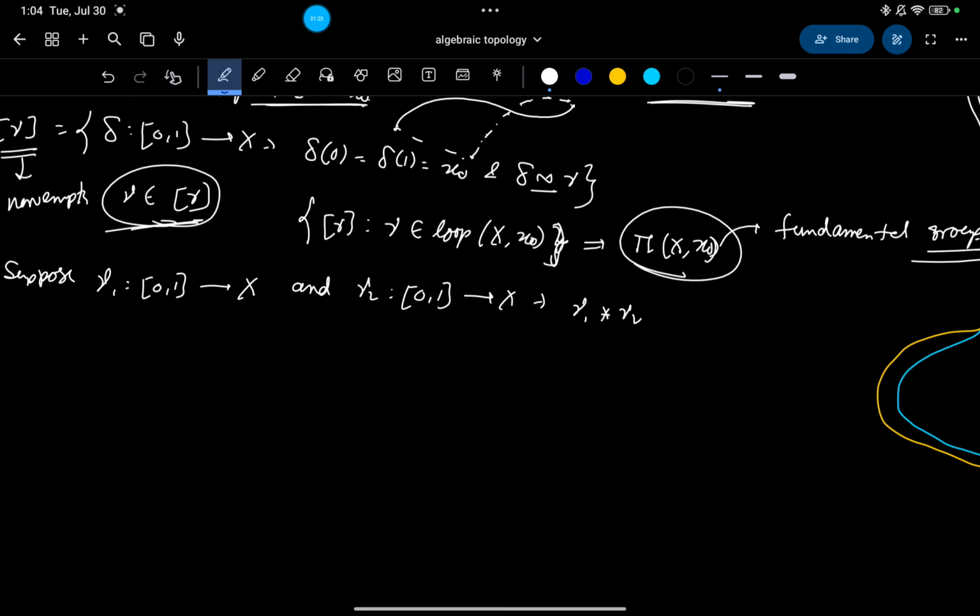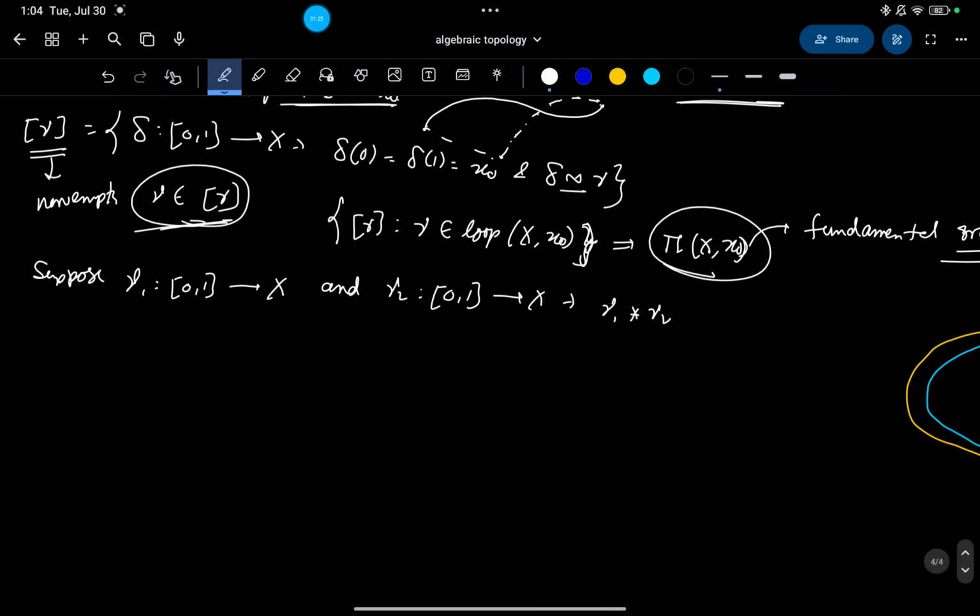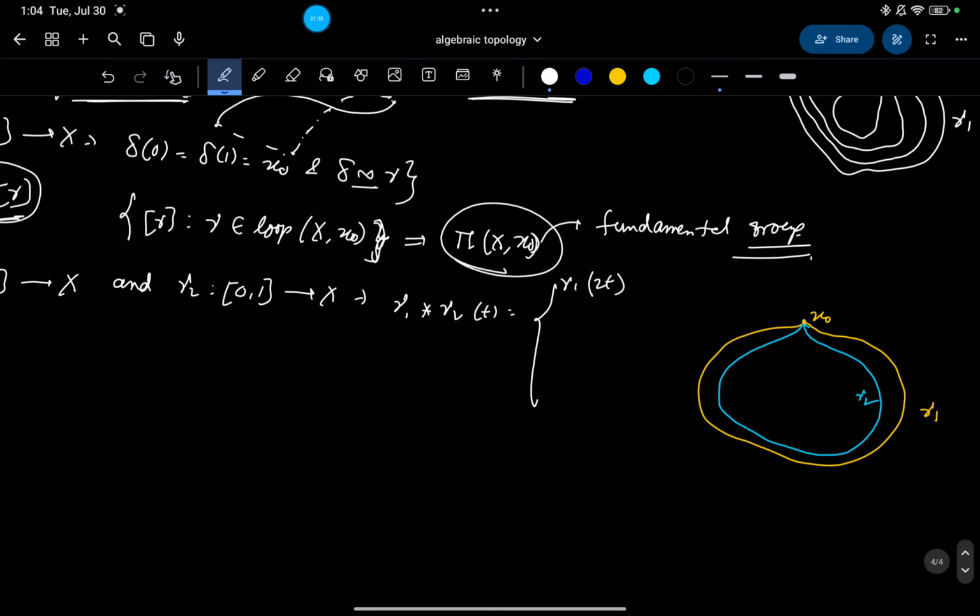So gamma 1 star gamma 2 is defined as follows: (gamma 1 star gamma 2) of t is equal to gamma 1 of 2t, where t belongs to 0 to half, and gamma 2 of 2t minus 1, where t belongs to half to 1.